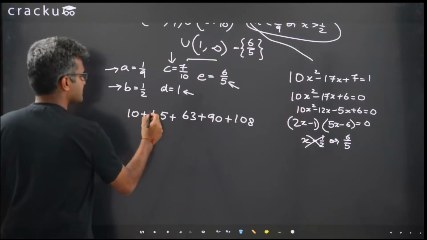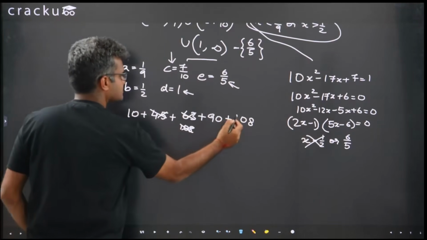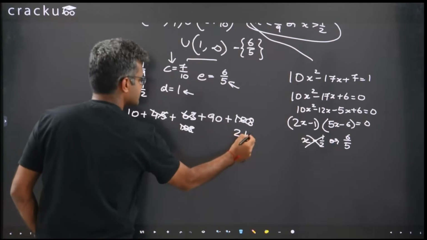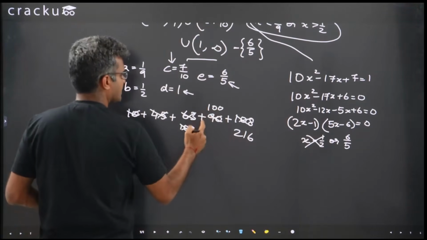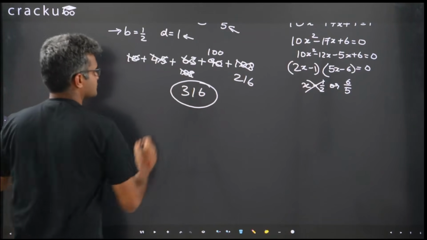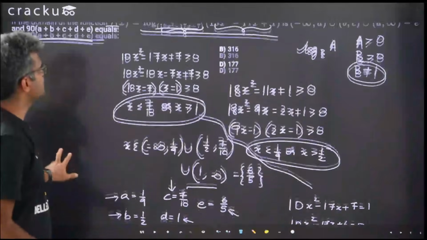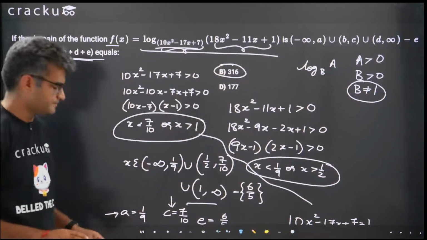If you are adding this, 45 plus 63 is 108. 108 plus 108 is 216. 90 plus 10 is 100. 100 plus 216 is 316. So the answer for this particular question is equal to option B, which is 316.